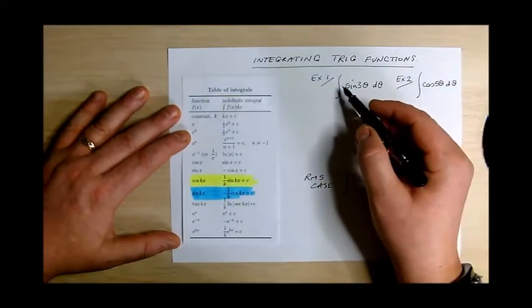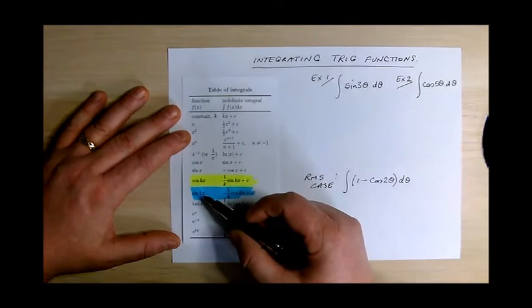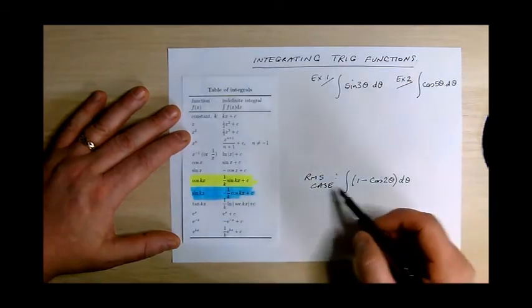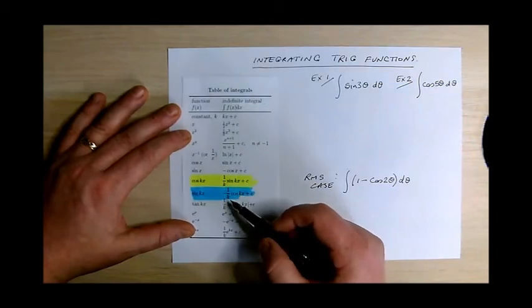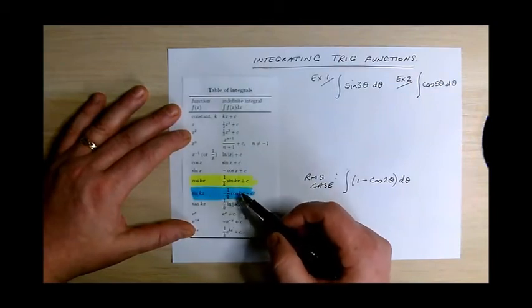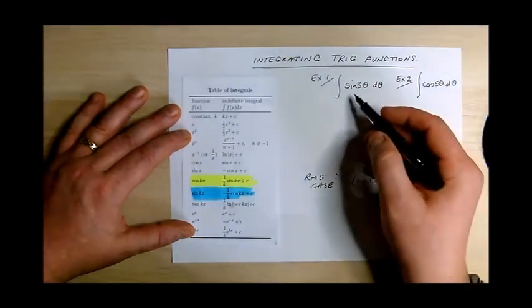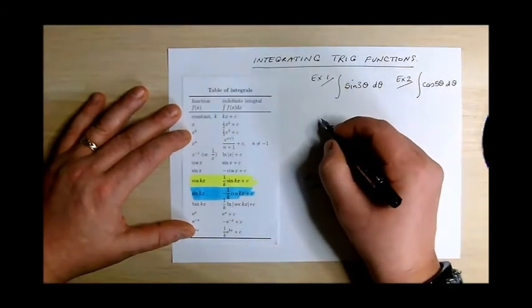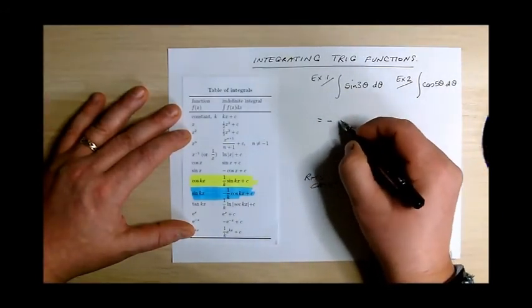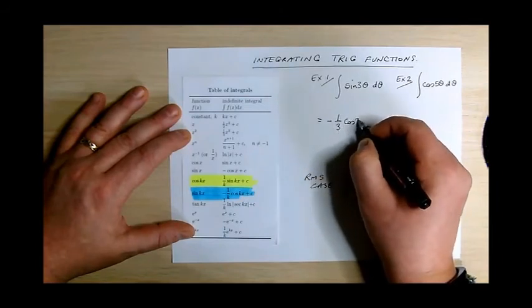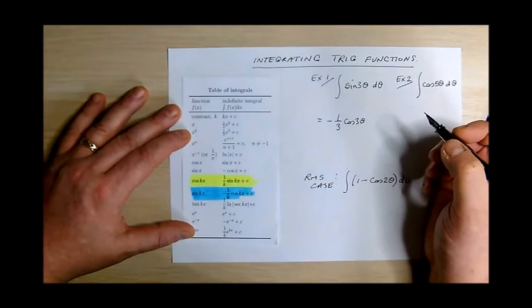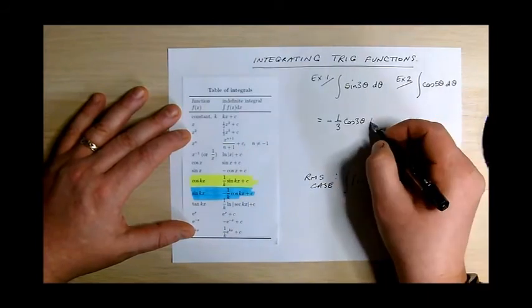So for sine kx, we get minus 1 over k cos kx plus c. So in example 1, the answer would be minus 1 over 3 cos 3 theta plus a constant.